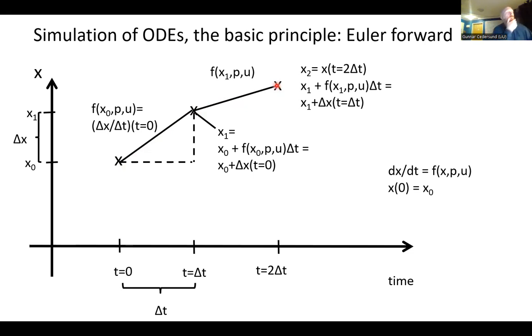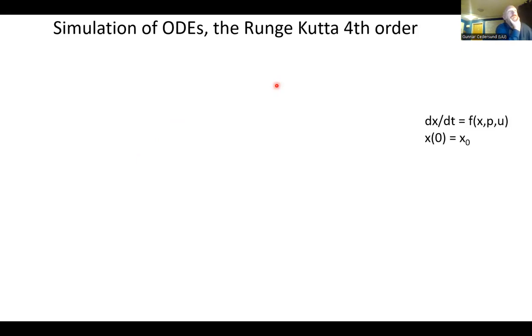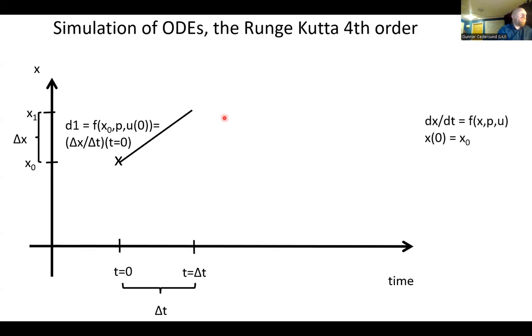So why do you need more advanced solvers? Well, it's because when you take this step, if this step is too long, then the derivative will have changed during this time. So the derivative is changing all the time here. So you need to somehow account for that or check for that.